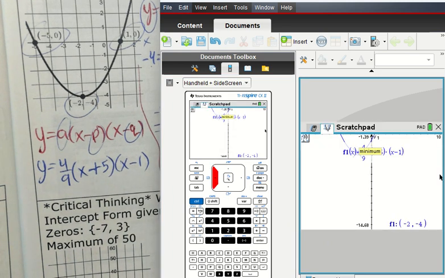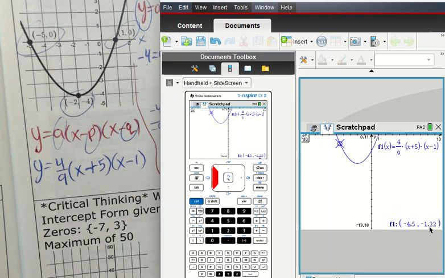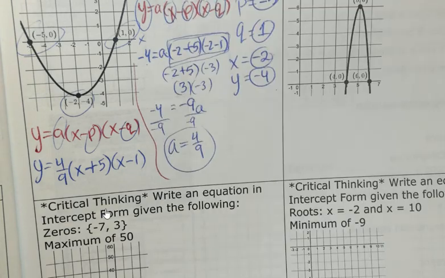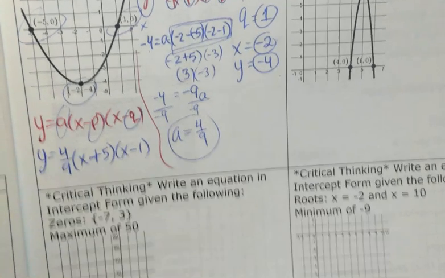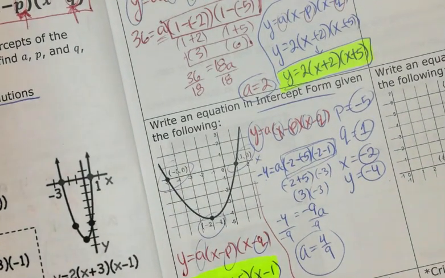Okay, so the vertex is negative 2, negative 4, which confirms this point right here. And let's check the zeros. So one of the zeros is negative 5, 0, so that confirms that one. And then the other 0 is 1, 0. So yeah, that is the correct answer. And again, you can always verify with the calculator to make sure you got it right.